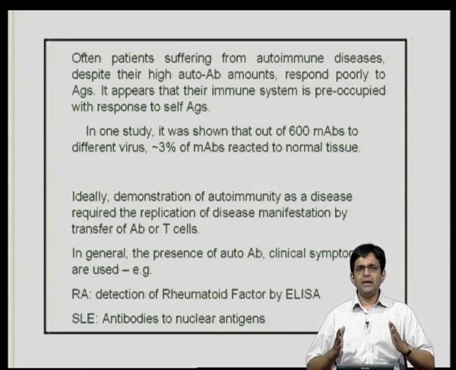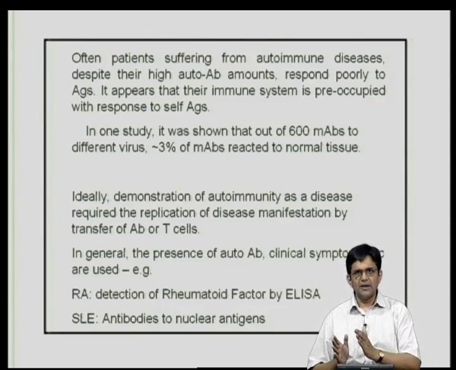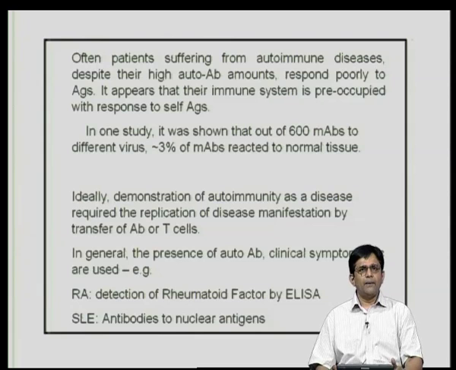So, clearly if such a lot of effort goes into generating immune responses against self, then some of the rest is compromised, and the person becomes more susceptible to infections because the immune receptors and mechanisms are directed towards self, and the response against non-self also gets affected.